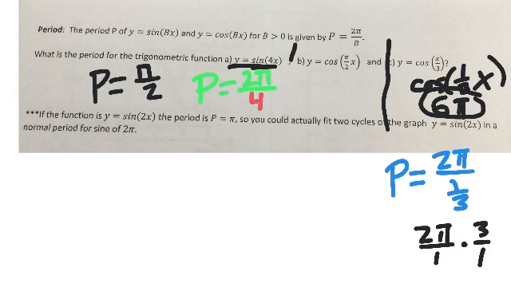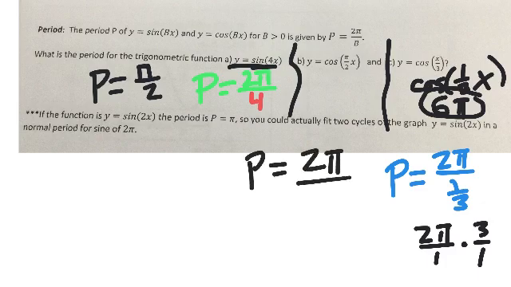Okay, then the B part, now x is being multiplied by pi over 2. My original period was 2 pi, but that's being multiplied by pi over 2, so I need to divide by pi over 2. This is the only example we've had where the number being multiplied has a pi in it, so my pi's are going to cancel.